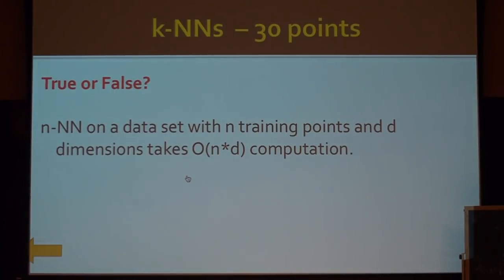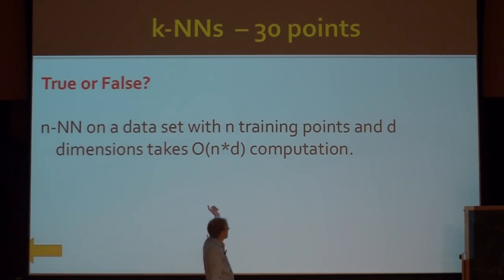True or false? N nearest neighbors on a data set with n training points and d dimensions takes order n times d computation. True? That's a tricky question. This question is a setup. Yeah, exactly right.